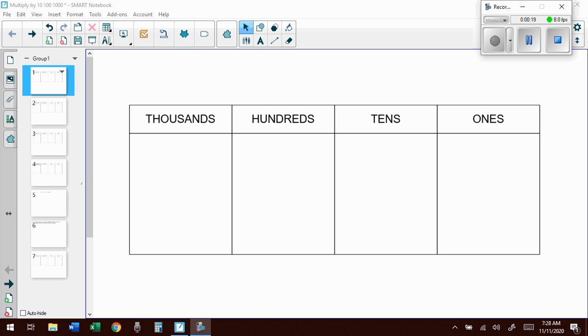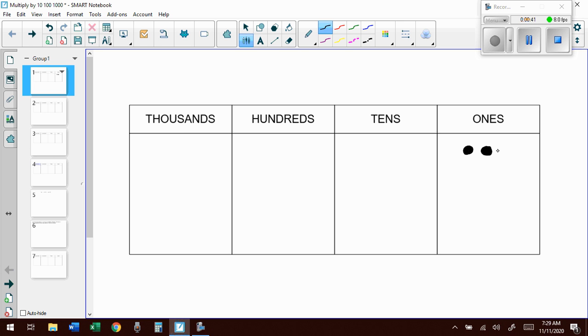We're going to start out with two ones. 1, 2. Look at them. Those are nice ones. Now we are going to multiply two ones 4 times.